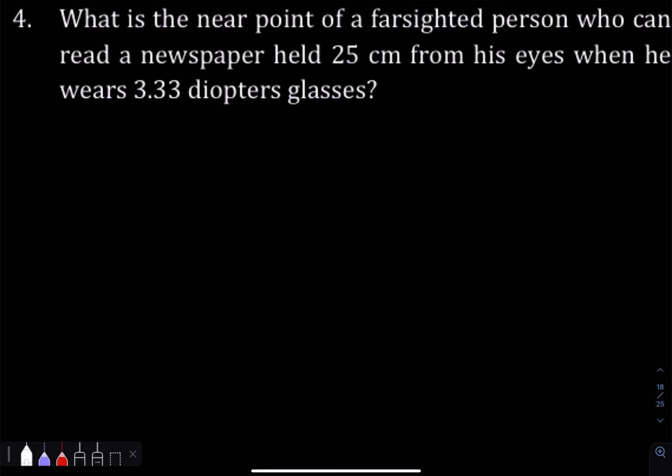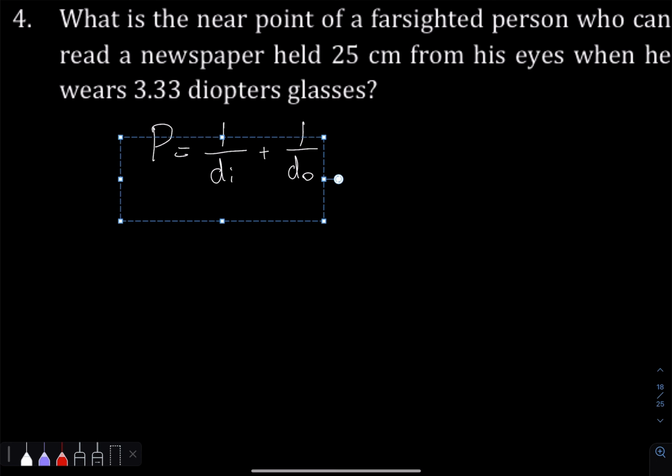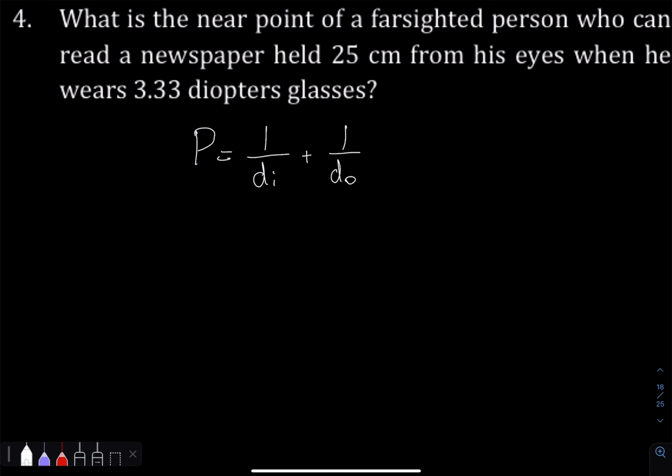So this one asks for a different thing than power. They give us power already, but it says, what is the near point of a farsighted person who can read a newspaper held 25 centimeters from his eyes when he wears 3.33 diopters glasses? So the power is 3.33.